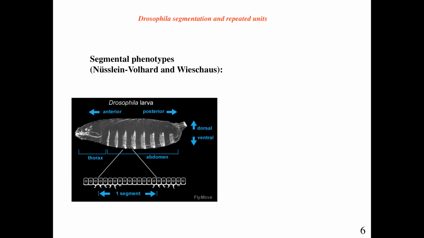So the screen was designed in a way that would lead to zygotic mutants, and so what the zygotic genome contributes to is what the screen also led to the discovery of.